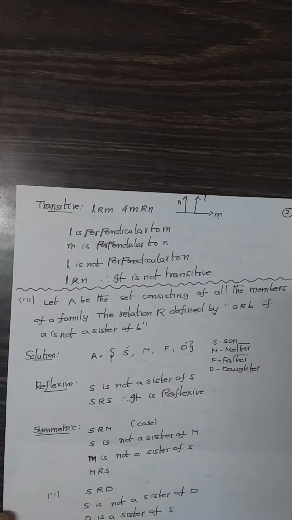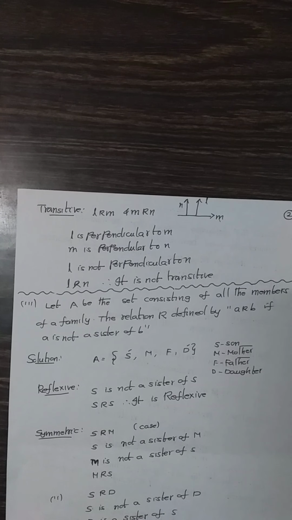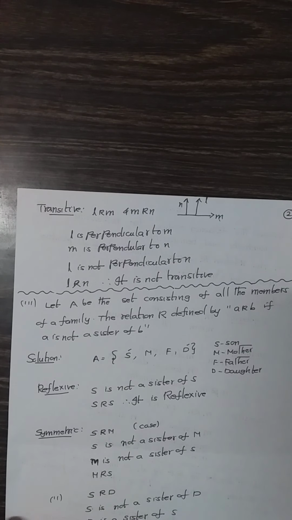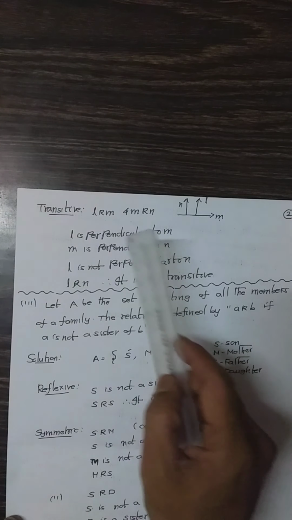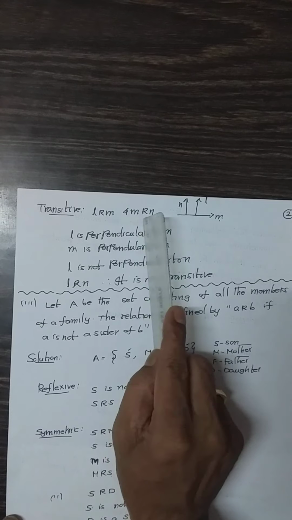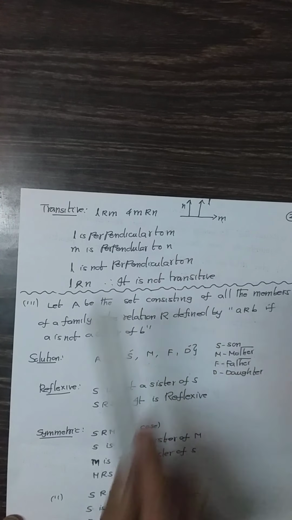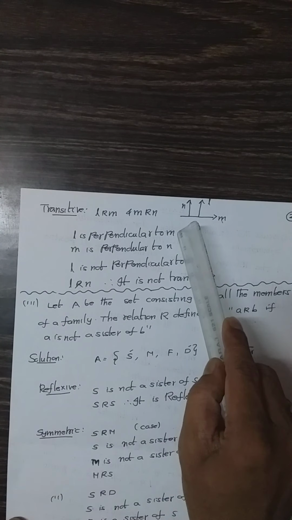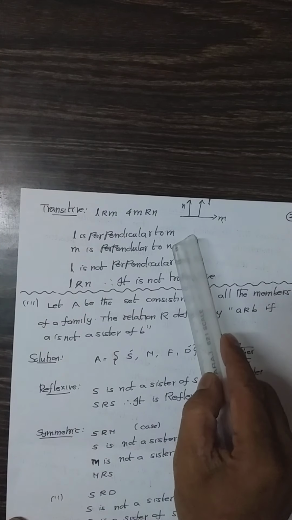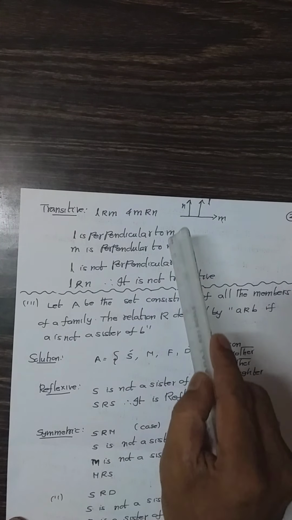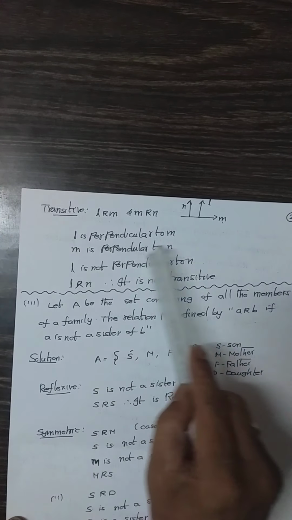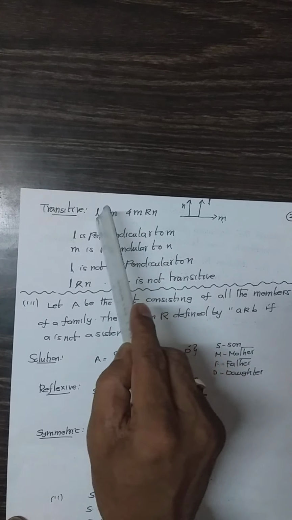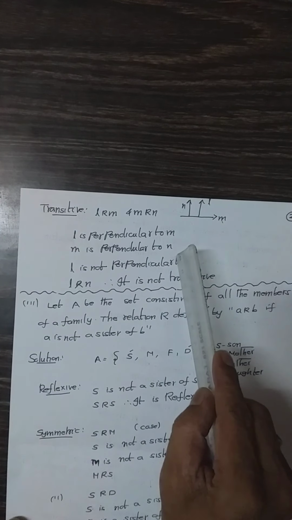What is the transitive property here? I draw the diagram also, just to remember the general concept. What I told: relation, statement, statement, relation. You should consider this fully as one statement only, because I should write both of these here.